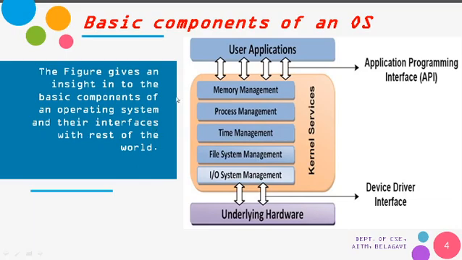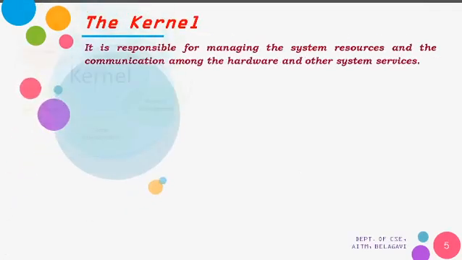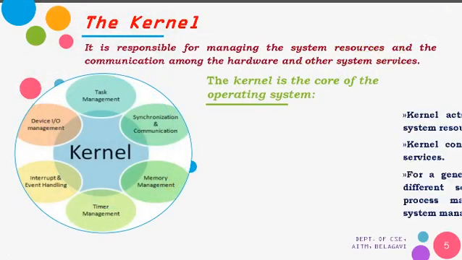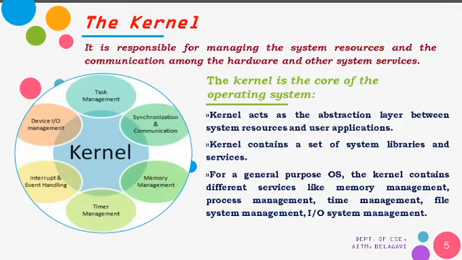Okay, so this figure gives the basic components of the operating system here. So the basic components are the kernel services, memory management, process management, time management, file system management, then input output system management here. Now going to the kernel, we'll understand what this kernel is. So mainly the kernel is the heart of the operating system. It is responsible for managing the system resources and communication among the hardware and the other system services here.